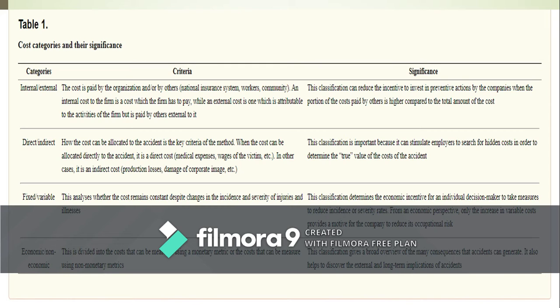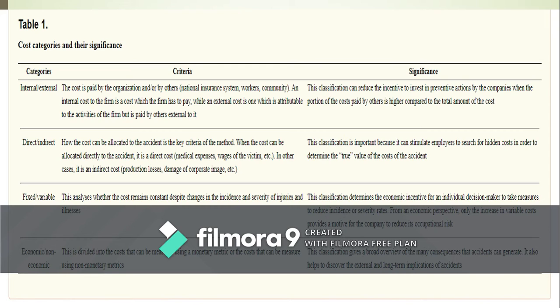Direct or indirect cost. How the cost can be allocated to the accident is the key criterion of the method. When the cost can be allocated directly to the accident, it is direct cost, like medical expenses, wages for the victim, etc. In other cases, it is an indirect cost: production losses, damage of corporate image, etc. Next, significance. The classification is important because it can stimulate employers to search for hidden cost in order to determine the true value of the cost of the accident.